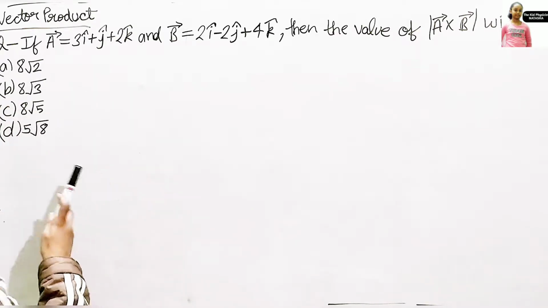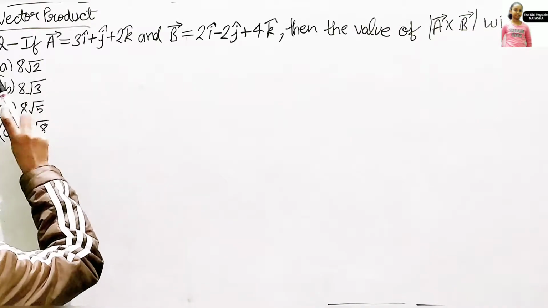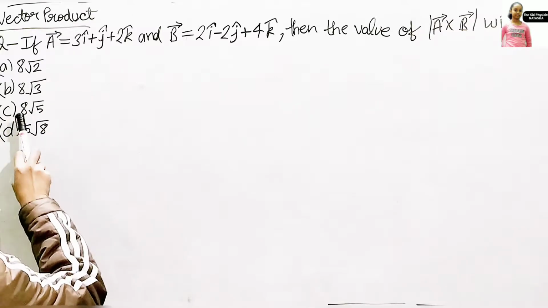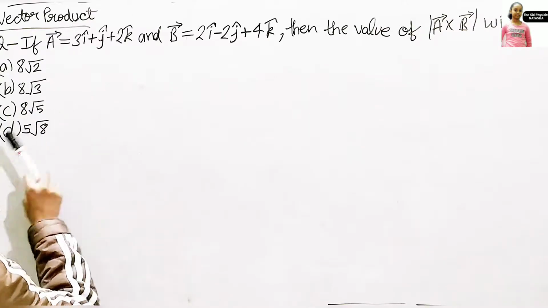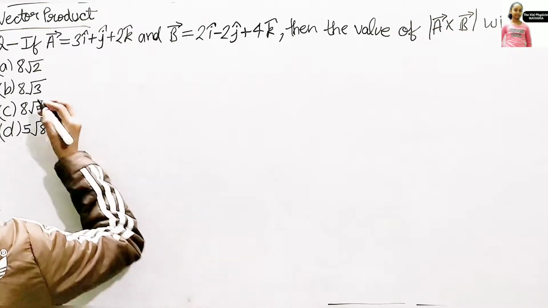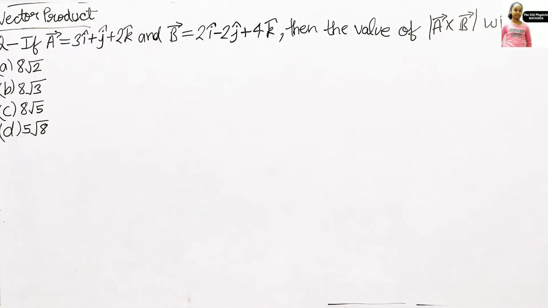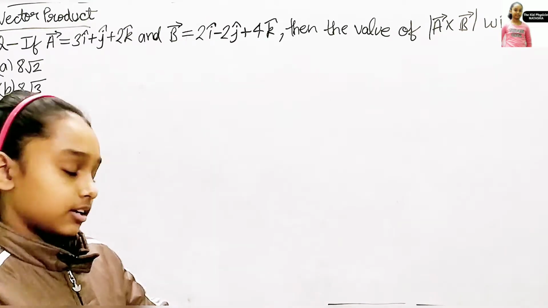Four options are given to us: the first one is 8 root 2, the second is 8 root 3, the third is 8 root 5, and the fourth is 5 root 8.